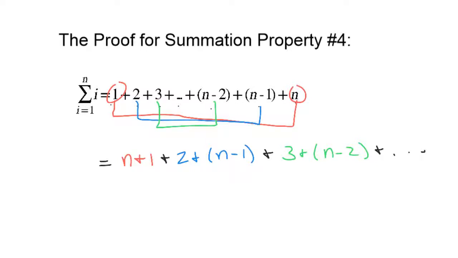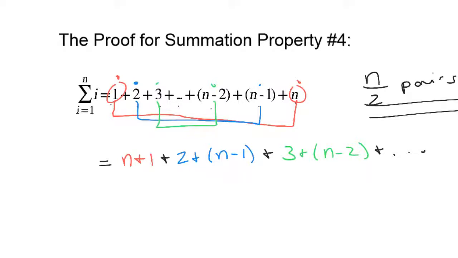Now, think about this. I've paired two terms with each other in each case. In the red case, I got one pair right there. In the second case, I got another pair. In the third case, another pair. How many total pairs? Well, I got n terms, so I'm going to have n over 2 pairs.